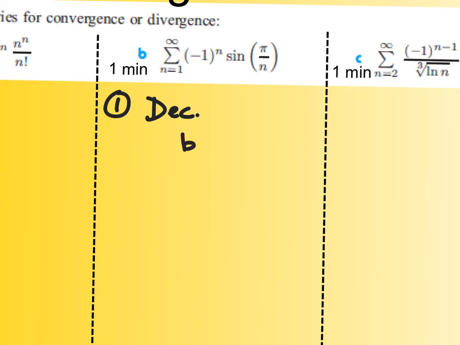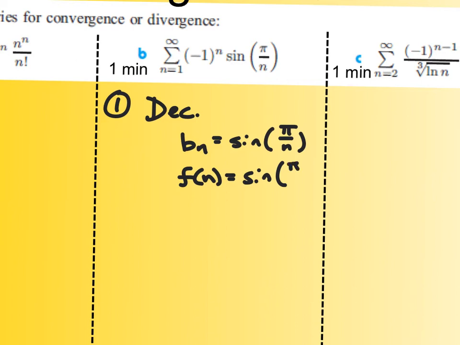Okay, so b sub n would equal sine of pi over n. Let's turn this into a function, a pretty simple transition, and let's take its derivative. The derivative would be cosine of pi over n times the derivative of the inside.